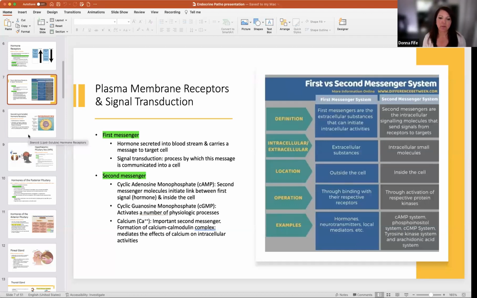Cyclic guanosine monophosphate, or cGMP, activates a number of physiologic processes. And calcium is an important second messenger, with the formation of the calcium-calmodulin complex, which mediates the effects of calcium on intracellular activities. Here's just some more information on the first and second messenger system.